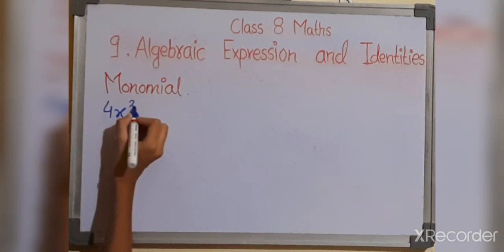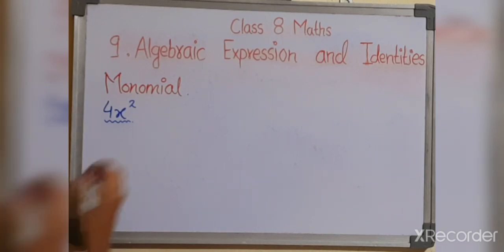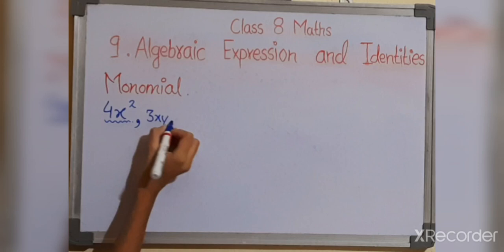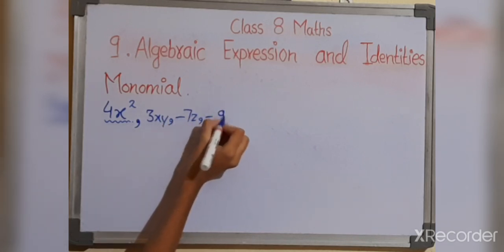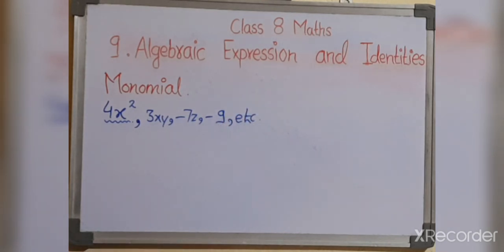This is a monomial as it is having only one term. Then there are many other examples like 3xy, minus 7z, minus 9 and etc. There are so many examples of this monomial. So what is monomial? Monomial is an expression containing only one term.